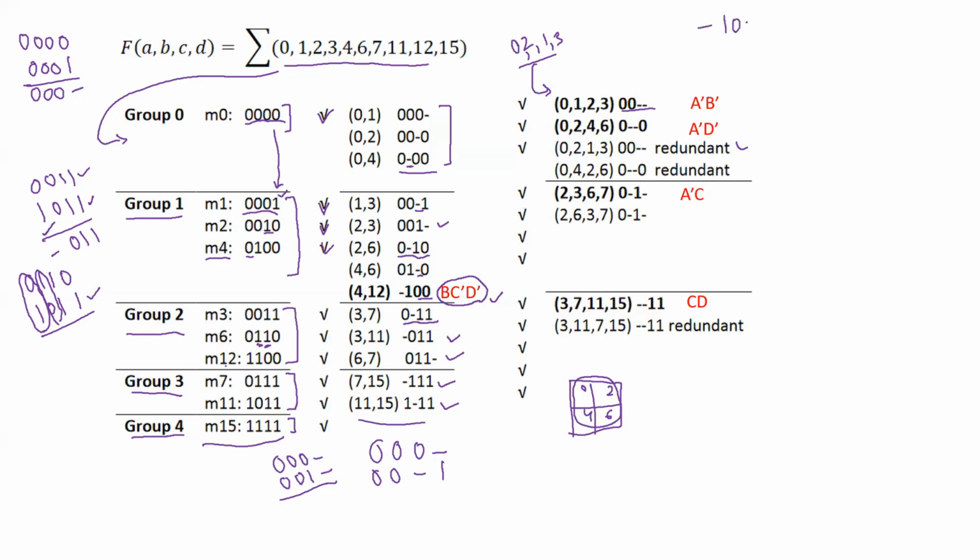This 100 corresponds to positions A, B, C, D, so it is written as B, C bar, D bar. So this is how you are going to write it.